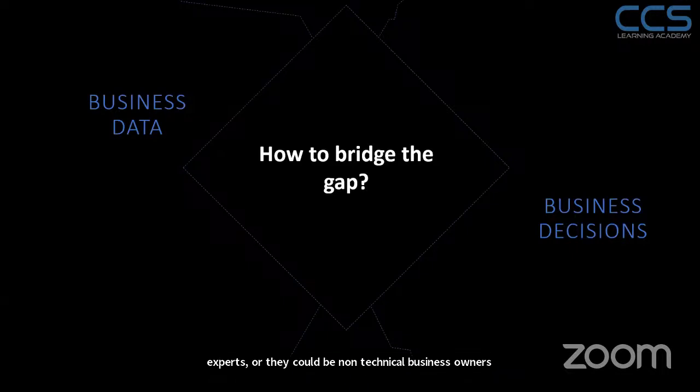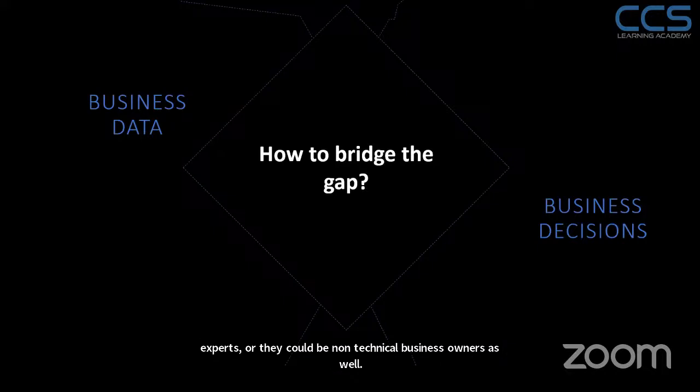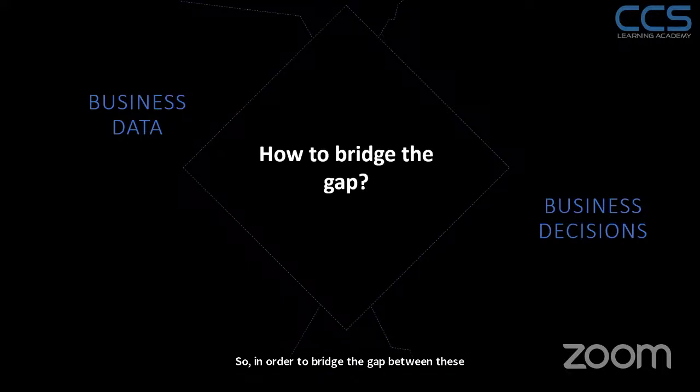So in order to bridge the gap between these two, that means converting completely technical information into an understandable, easy to analyze information, I don't say completely non-technical, is what makes the business decision simple for any company or any business owner.